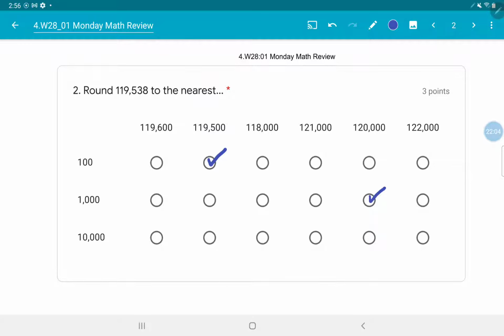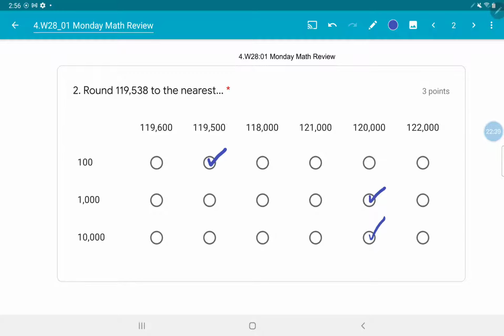So I round 119,538 to the nearest 10,000. Am I leaving it at 110,000? Or do I need to go up to 120,000? It's going to go up to 120,000.